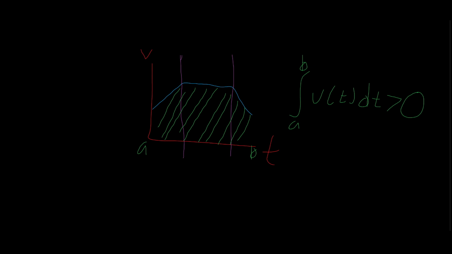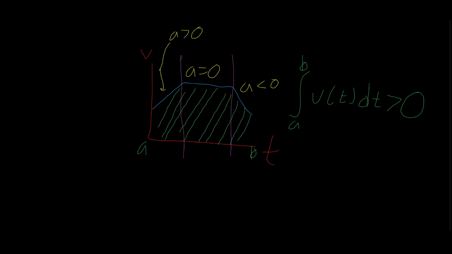Similarly, by knowing that acceleration is the derivative of velocity, I can determine that right here, in this first section, acceleration is positive. And also, right here, acceleration in this middle section is equal to 0. And then finally, in this last section, acceleration is less than 0.